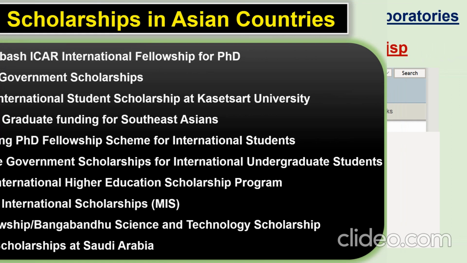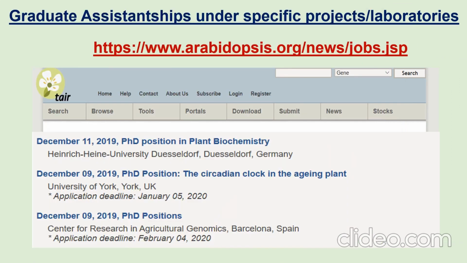Other than the university or institute specific scholarships, there are other opportunities like graduate assistantships under specific projects or laboratories. So these are the positions that are being advertised by the research supervisors.